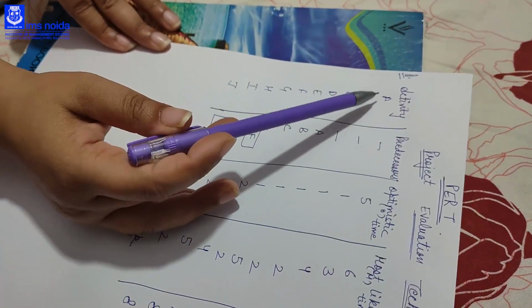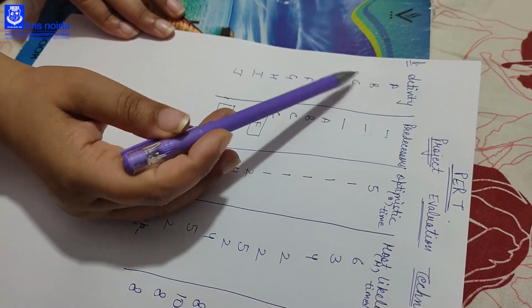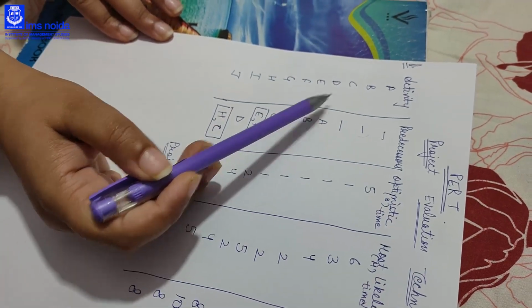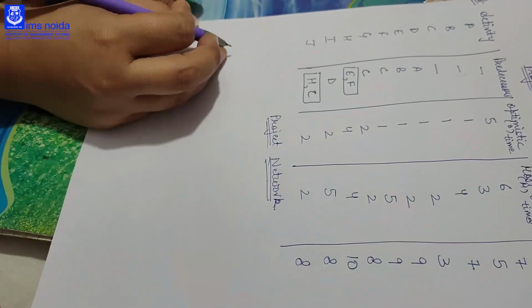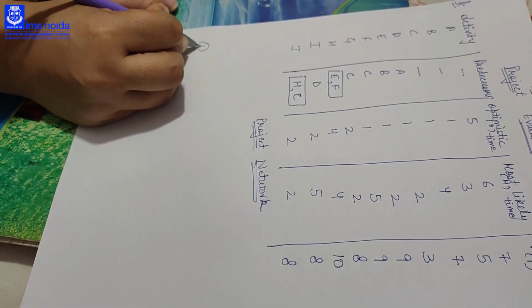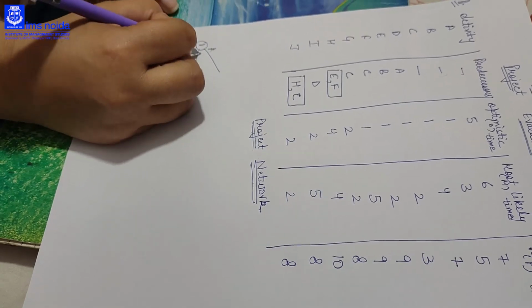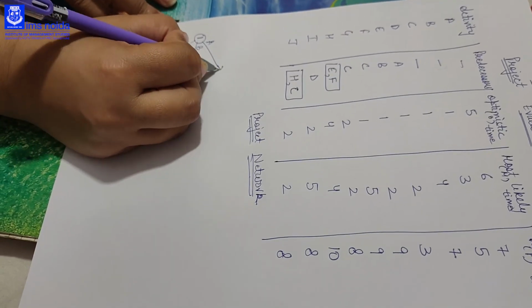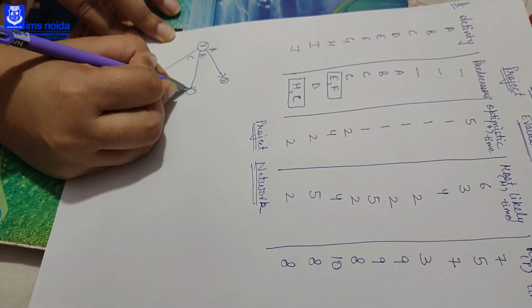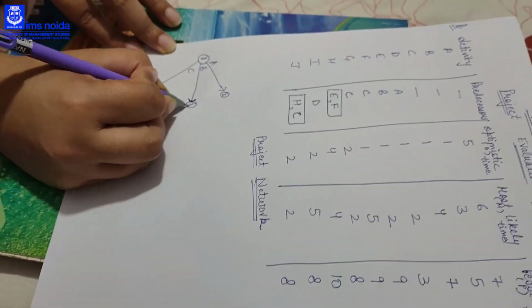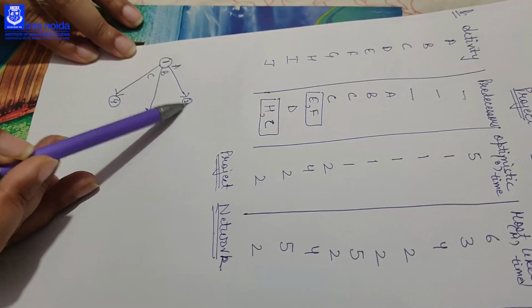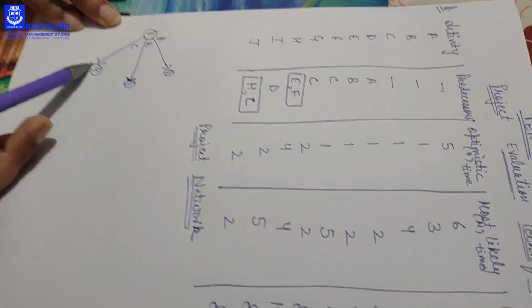Here also you can see A, B, C are not having any predecessors, so they are free activities. Starting with node 1, we will make A, B and C. The node of A is 2, B is 3 and C is 4.